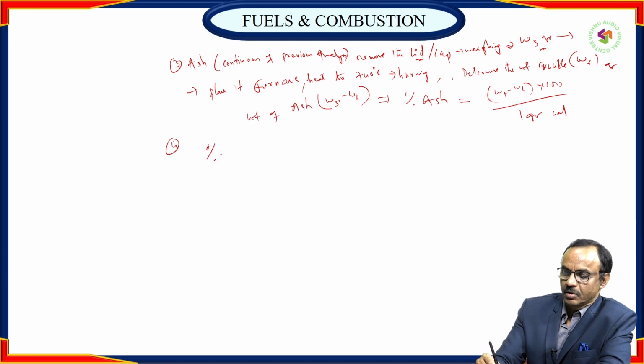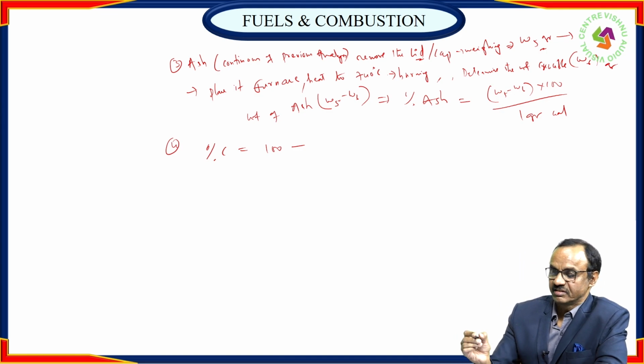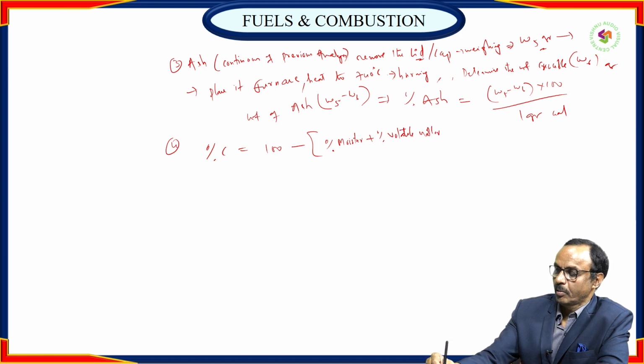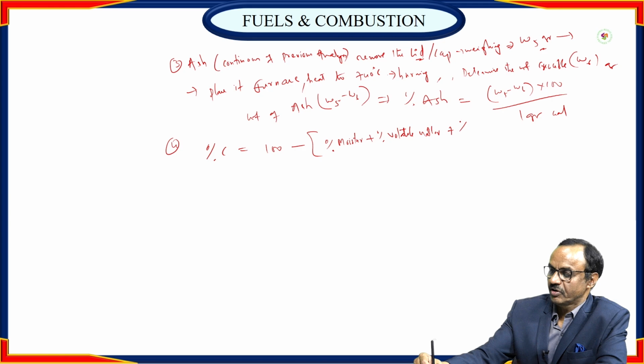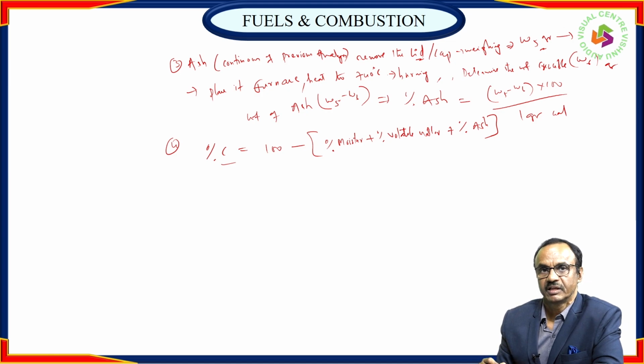Percentage of carbon is equal to 100 minus the sum of the percentage of components analyzed: percentage of moisture plus percentage of volatile matter plus percentage of ash. These are the components we analyze. You will know the percentage of carbon. No need to analyze separately, right?